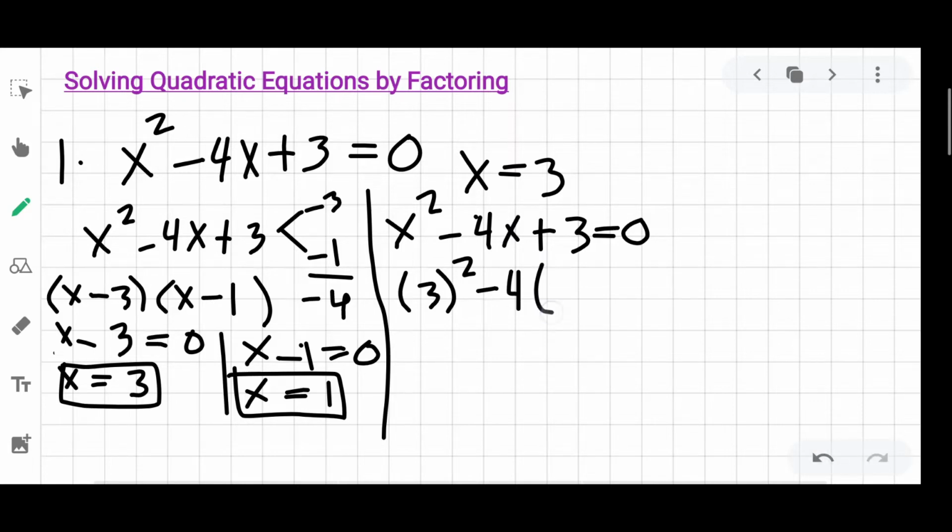Kaya magiging, yan, bring down positive 3 equals 0. 3 times 3, the answer is 9. Negative 4 times 3, the answer is negative 12. Bring down positive 3 equals 0.